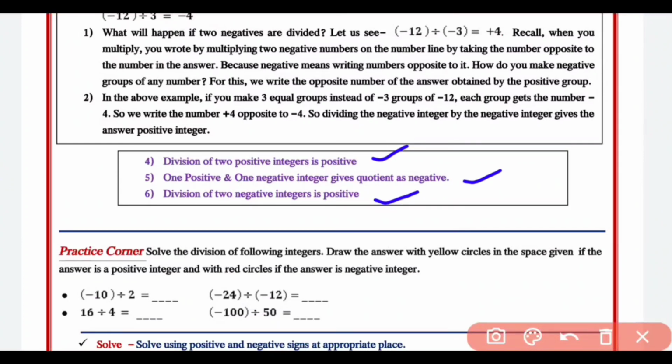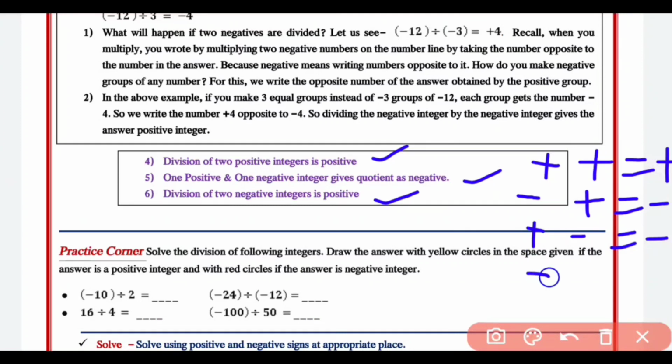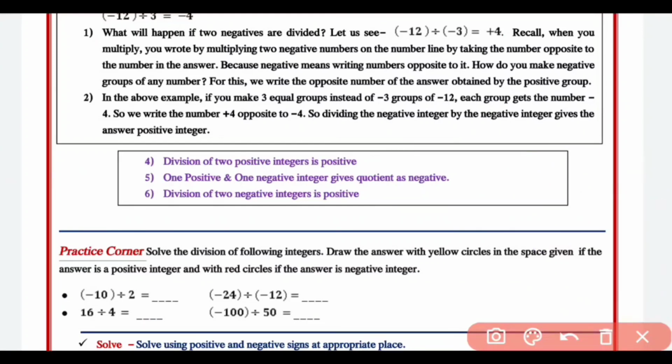That means plus plus, answer sign is also plus. Then minus plus, answer sign is minus, or plus minus, answer sign is minus, and minus minus, answer sign is plus. So in this way you have to remember.